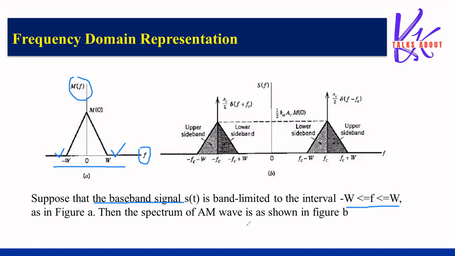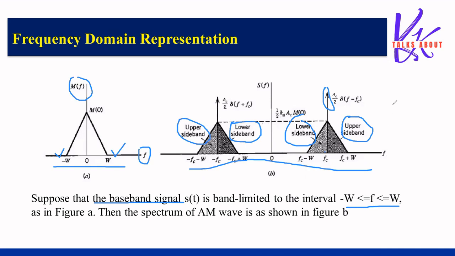Then the spectrum of your AM wave will look like what is shown in figure B. From the figure, it is very clear that it has the upper side band and a lower side band in the positive frequency, along with the carrier. On the negative side also we can see a lower side band and an upper side band.